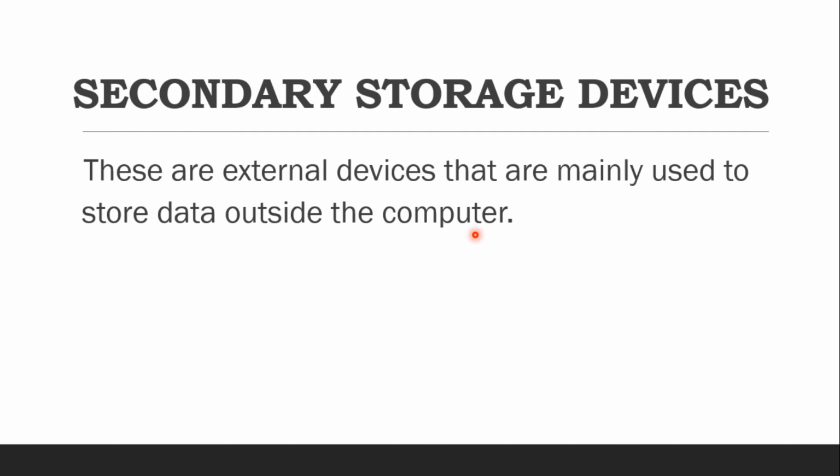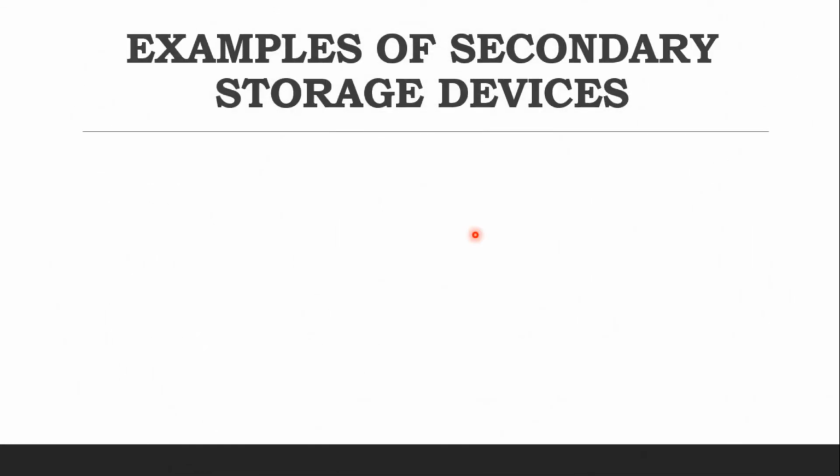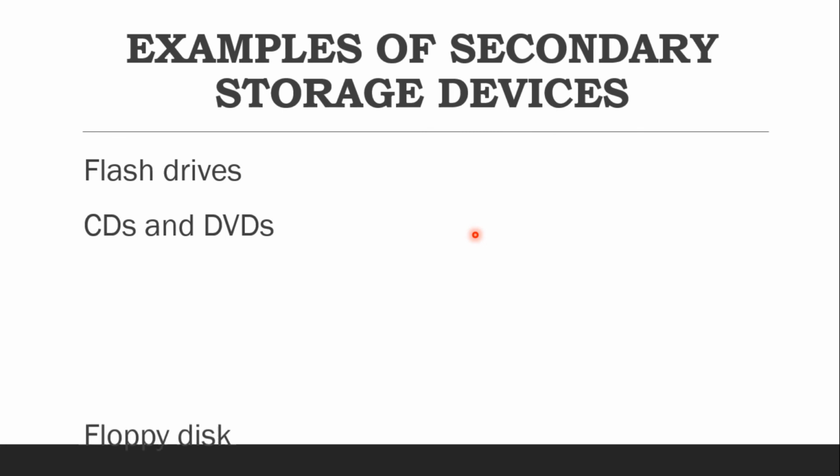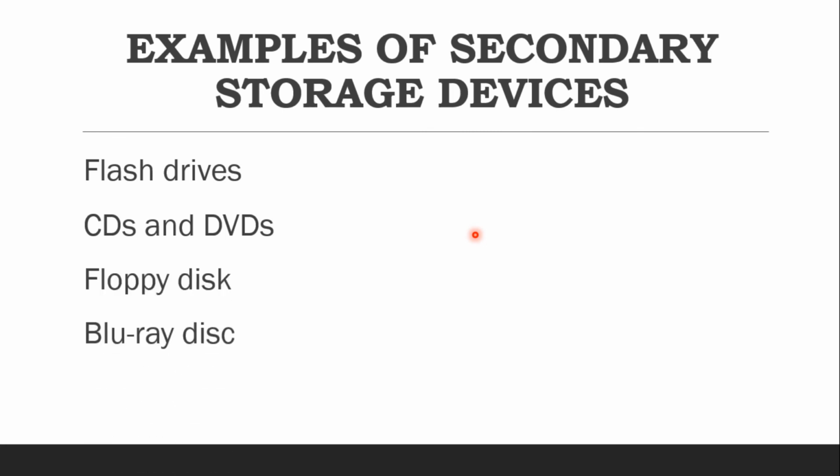They are mainly external devices used to store data outside the computer. Some examples of secondary storage devices are flash drives, CDs and DVDs, floppy disks, Blu-ray disc, and external hard drive, and so many other things.